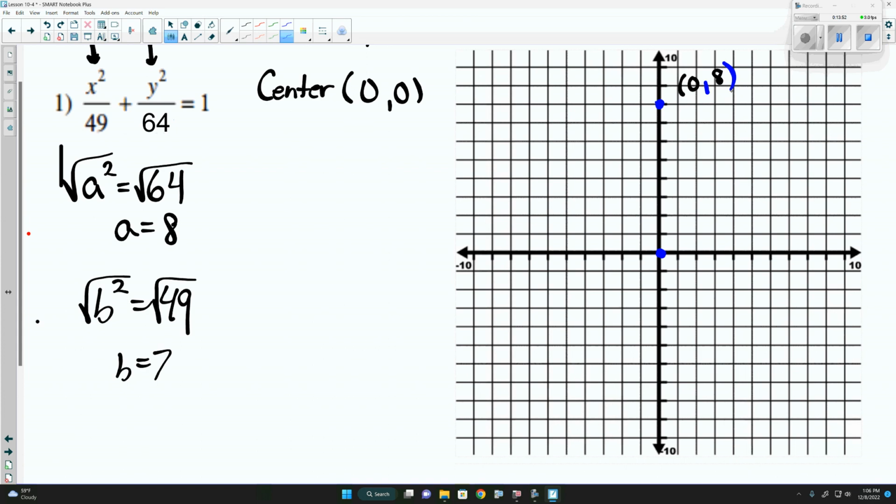We can also go down 8, which gives us the point 0, negative 8. And the ones that are farthest, dealing with A, are our vertices: 0, 8 and 0, negative 8.